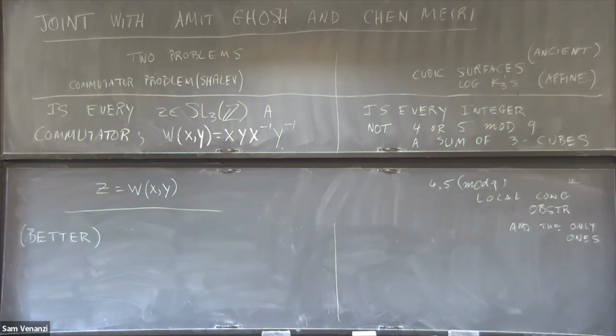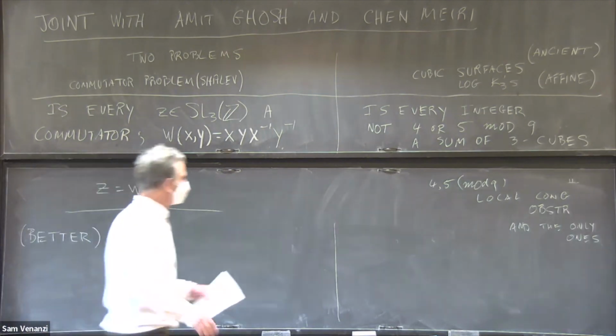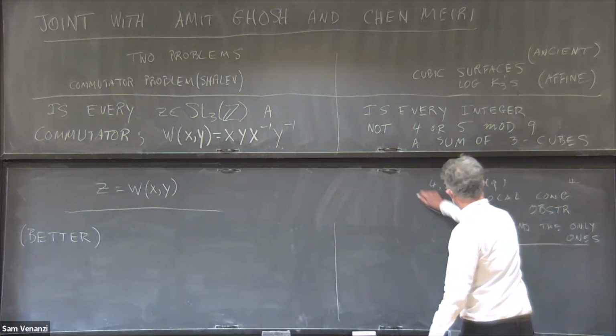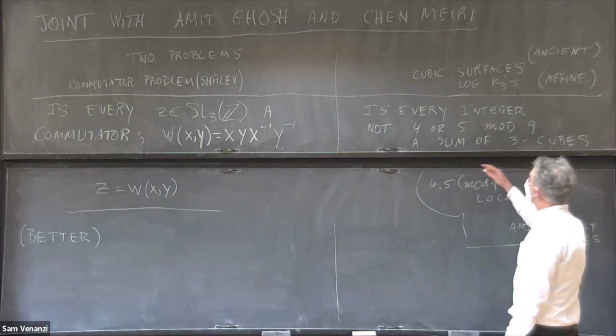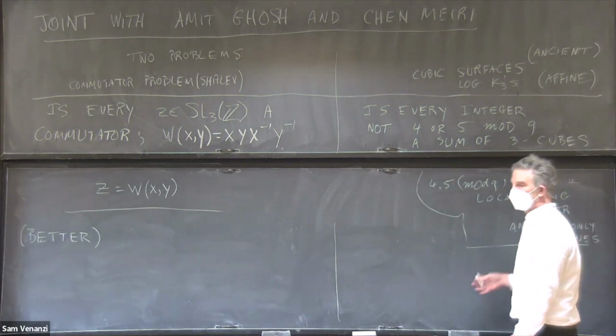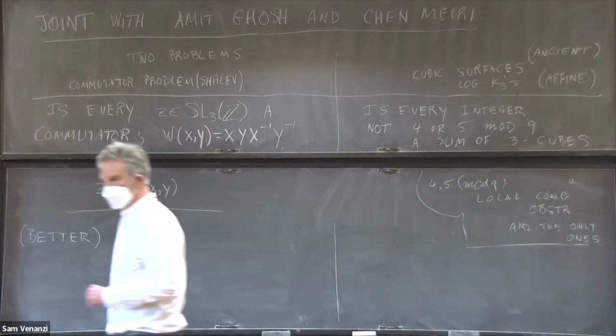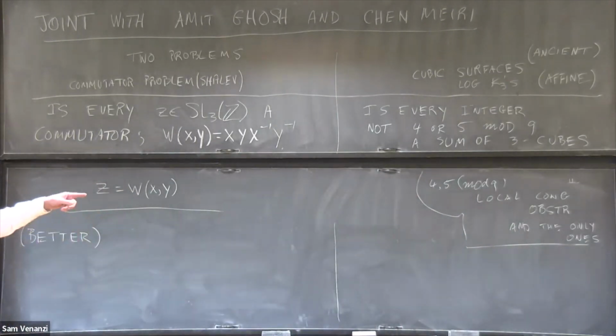What do you mean by the only obstruction? This is the only local congruence obstruction. It means that if you look at the equation over Z_p, with p not 3, then there's no obstruction to solving x cubed plus y cubed plus z cubed equals k for any k.